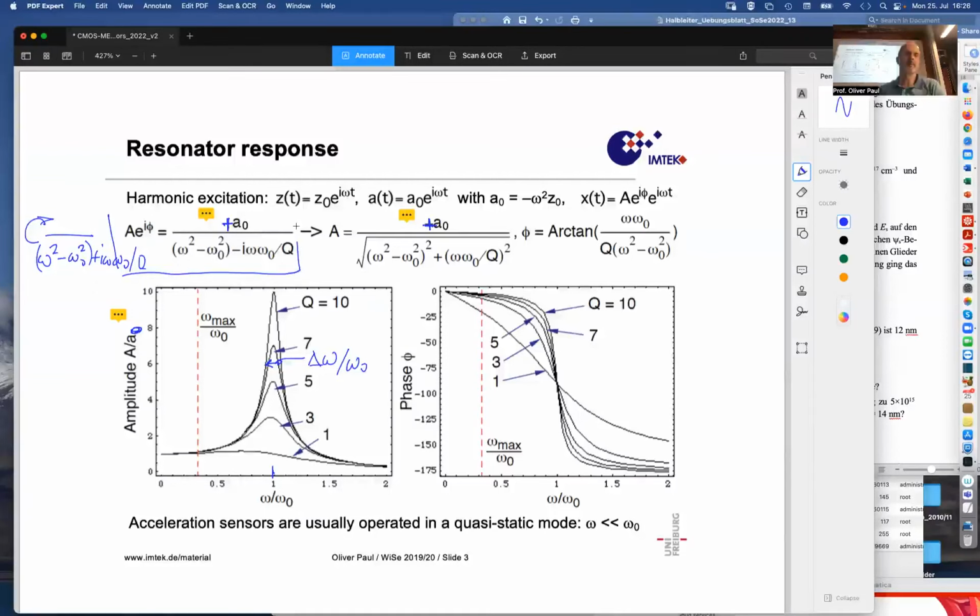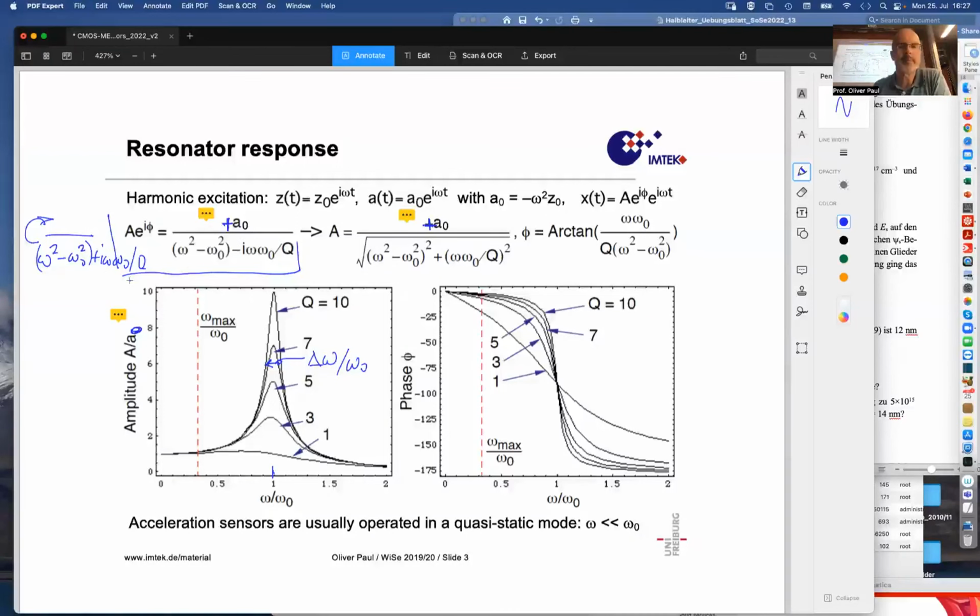And then the bottom here is just the absolute value squared. That's one way to do it.